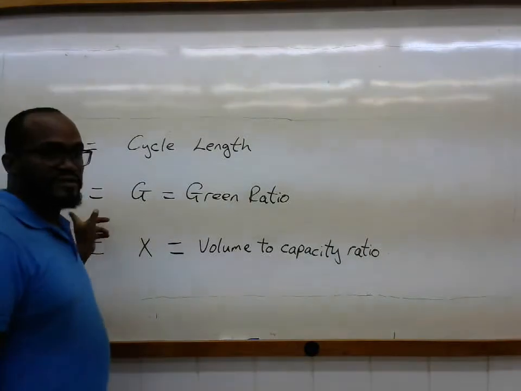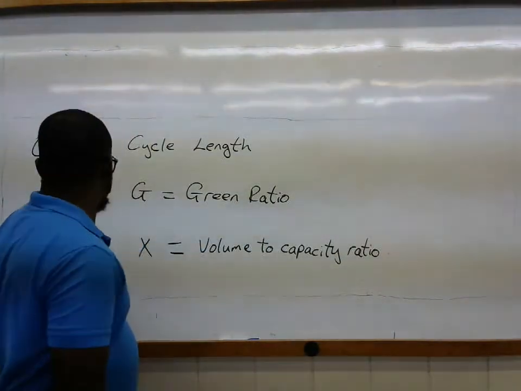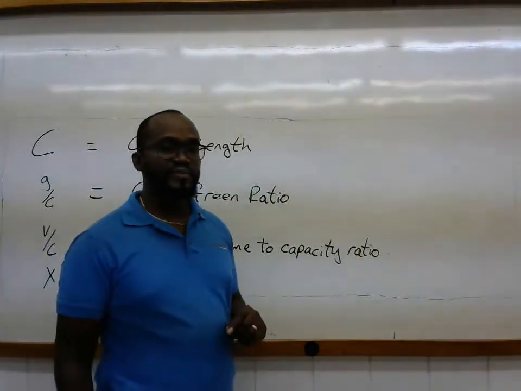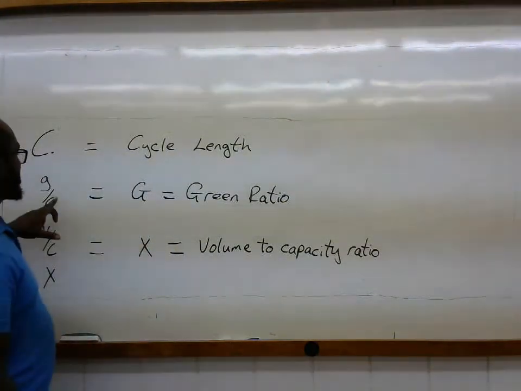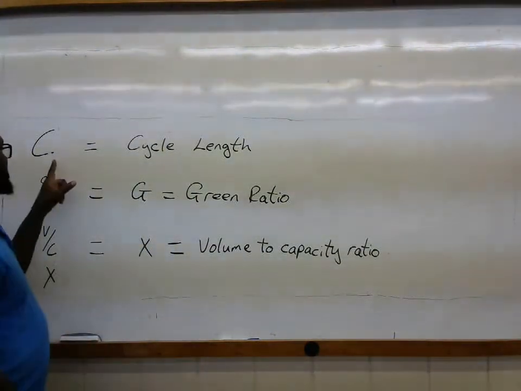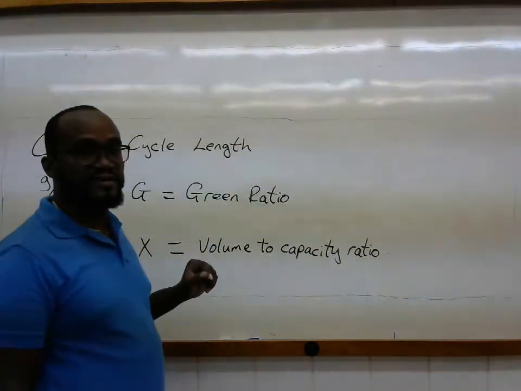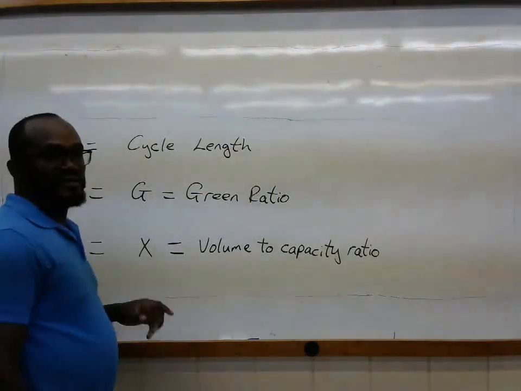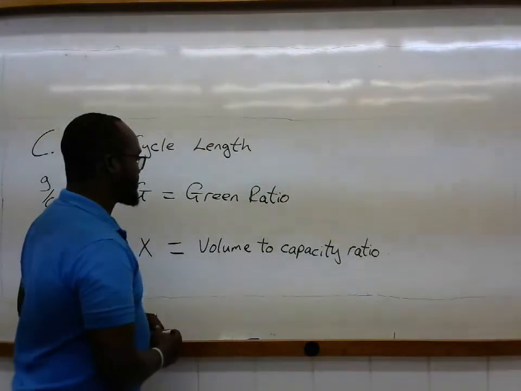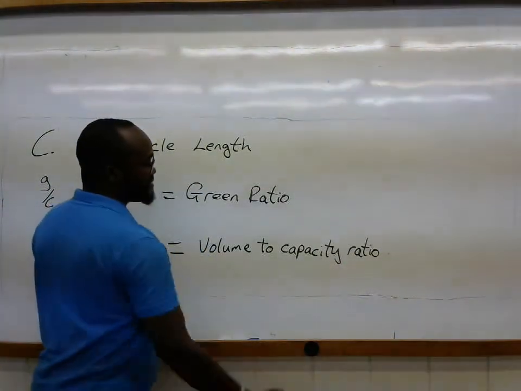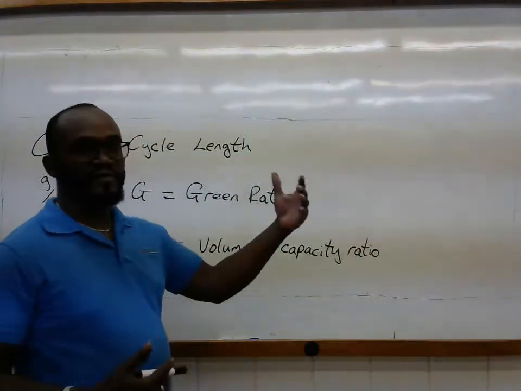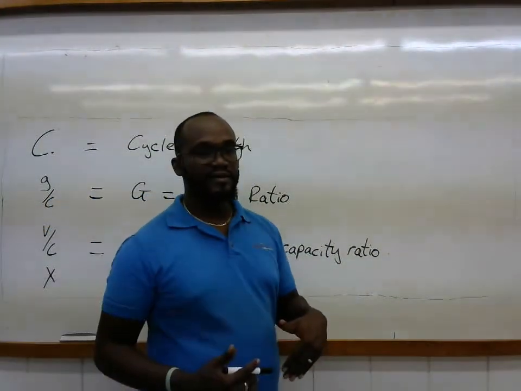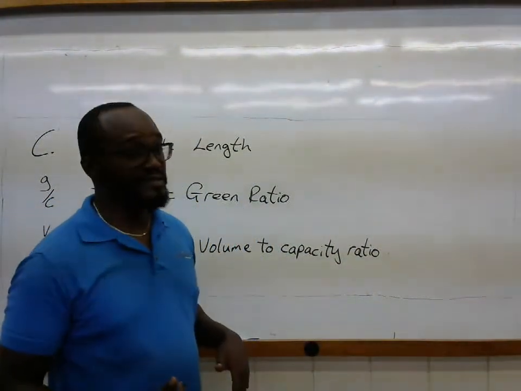The numerator we actually collect, the denominator we actually compute. And just to be clear, the difference between cycle length and the capacity is that cycle length is big C, capacity is small c. So, the volume to capacity ratio, as the term suggests, is the ratio of the volume that comes through the intersection compared to the theoretical capacity.